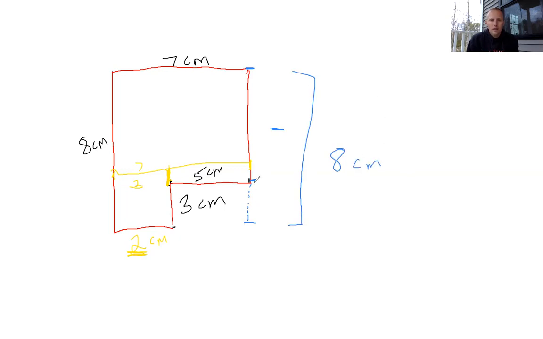Well, again, I found out already that 3 of that is already taken up by this 3 over here. That side right there is the same as this length right here, that length that I'm using to figure out what is up top here. So if I said 8 minus 3, I'd be able to figure out what's remaining here. And 8 minus 3, as we know, is 5 centimeters.